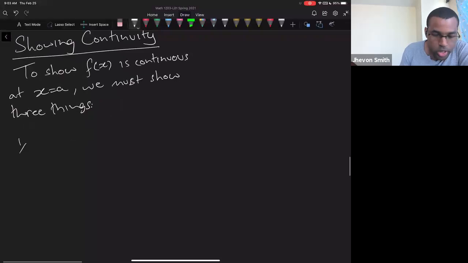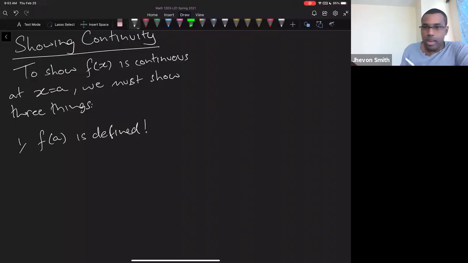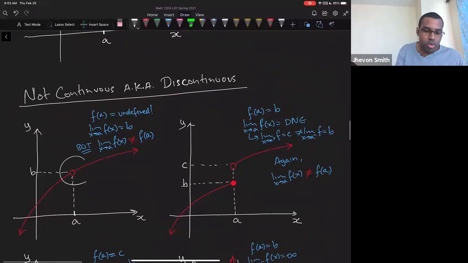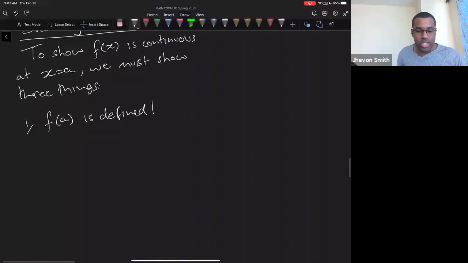So the first thing is to show that f of a is defined, meaning I can plug in the number into my function, it should work. The moment my f of a is not defined, it's already a problem. It means that there's a hole there, right? So it's not going to work if the function isn't defined. So that's the first thing you need to check.